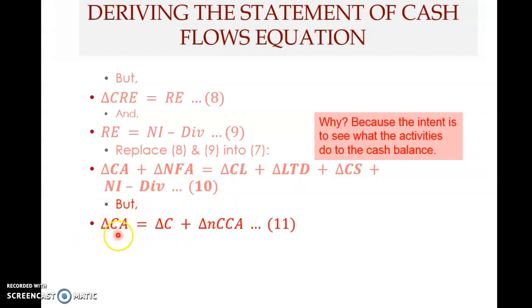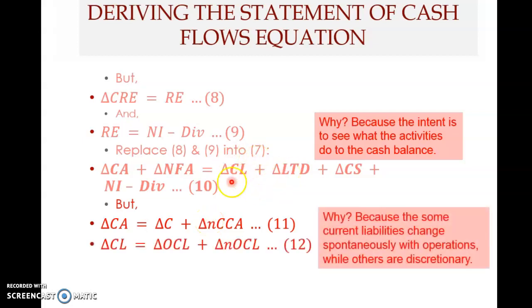That means we have the change in cash, and the change in non-cash current assets, which has all the other current asset items except cash. Is that okay? So we are expanding this into these two items.